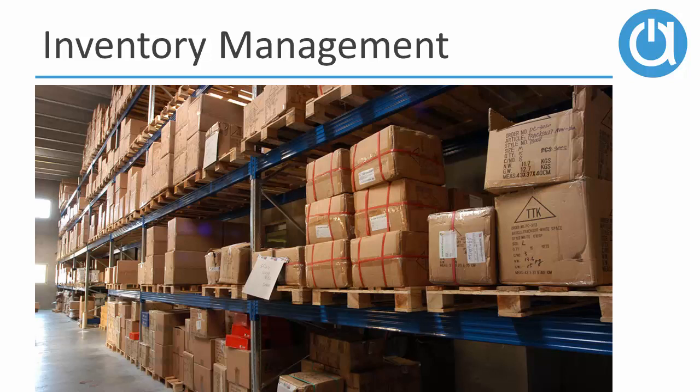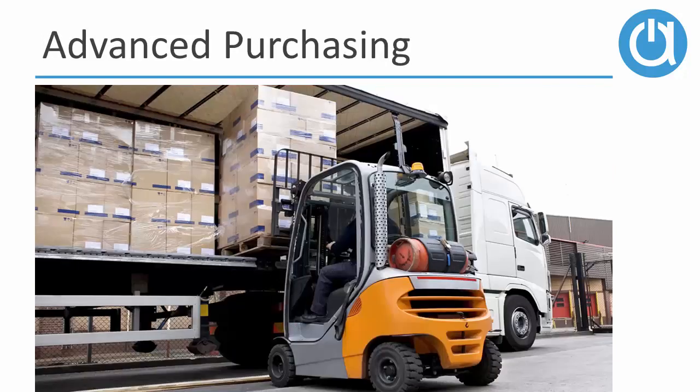So everything we're going to show today obviously has that theme. We're not becoming a project management or a CRM system or anything like that. Our core is inventory management, and that includes multiple warehouses, serial numbers, purchasing, sales, really just tracking products and giving you better tools to manage your inventory. Of course, what comes along with that is advanced purchasing.